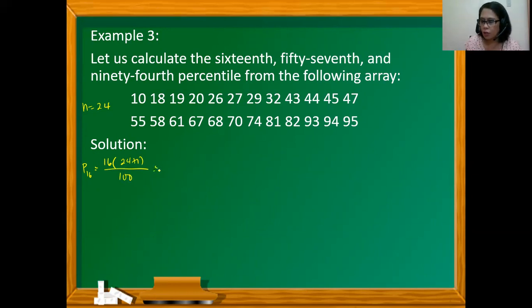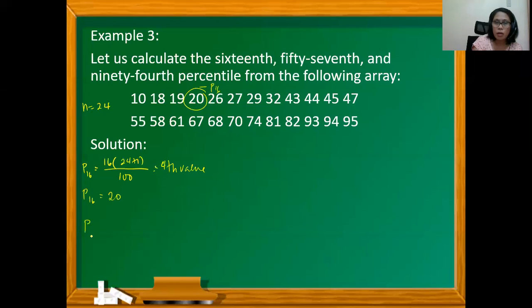So this is 16 times 25 divided by 100. So we come up with an exact value, the fourth value. So by inspection, 1, 2, 3, 4. So this is the 16th percentile. So P sub 16 equals 20.